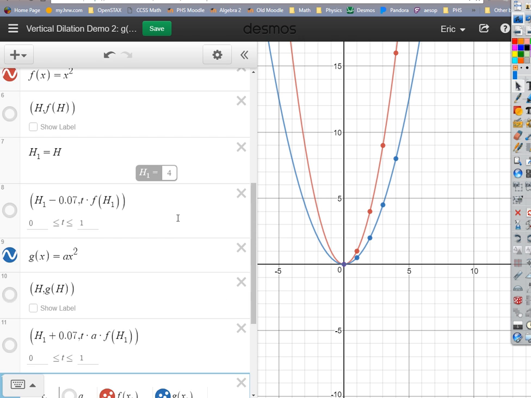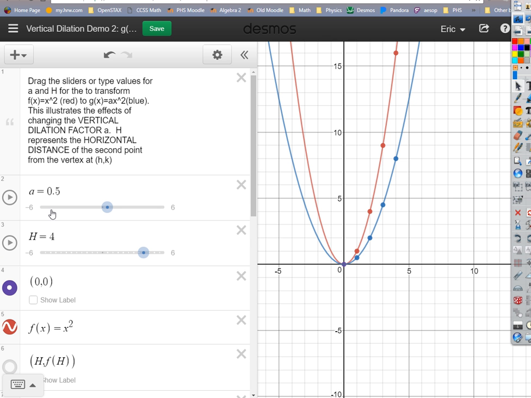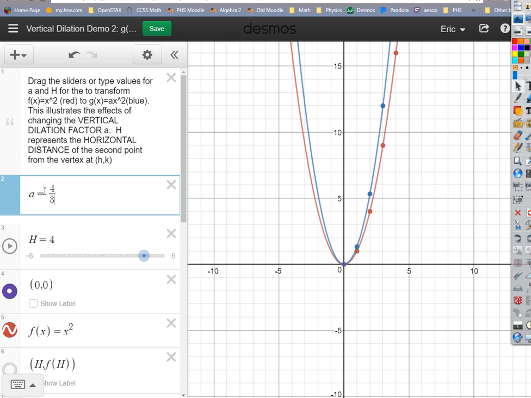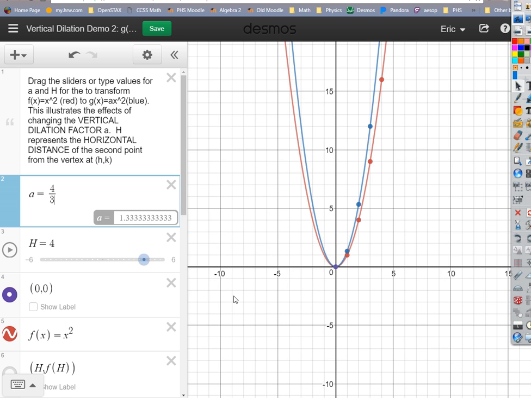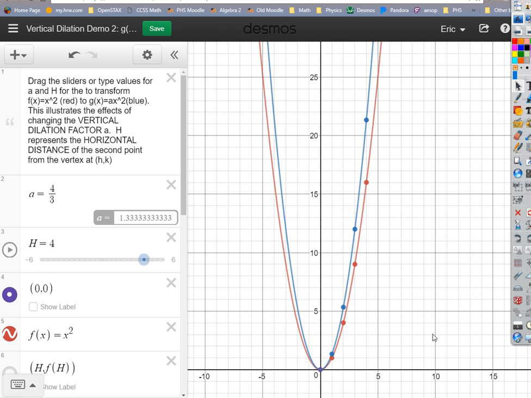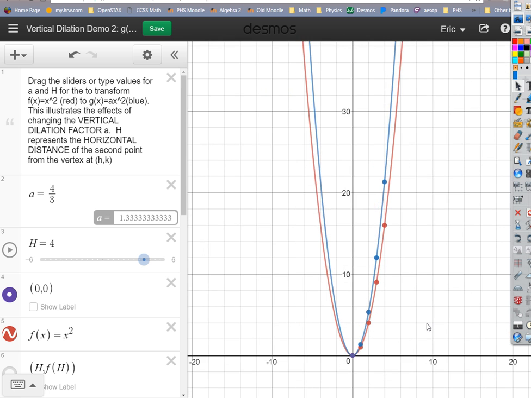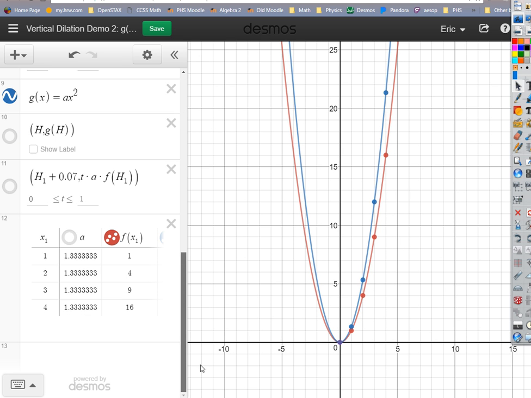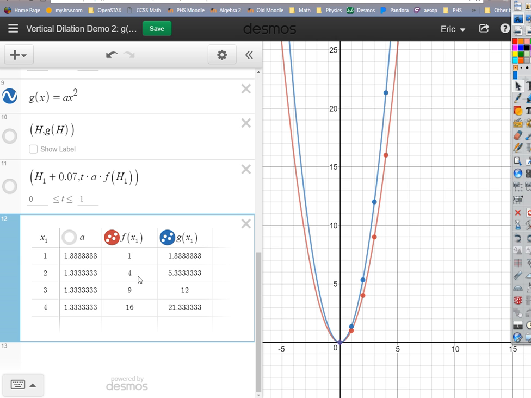If we change it to, let's change it to like 4/3. Make it a weird one. So if it's 4/3, now what are going to be convenient values? Let's go down to our table. Well, now that's 1.3 repeating, right? So 1's not very good and 4's not very good because 4/3 times 4 is a fraction.